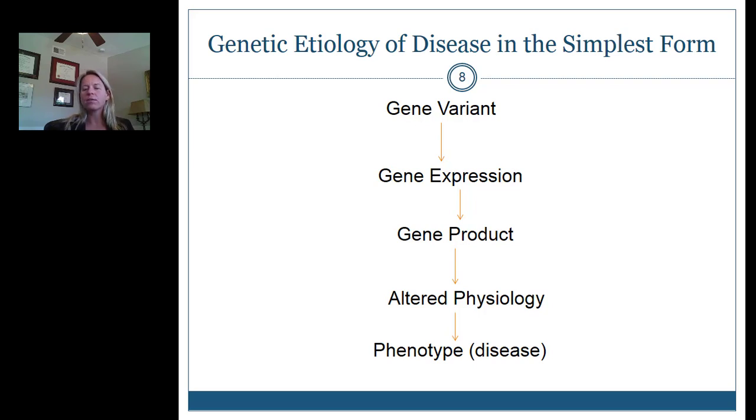But nevertheless, we first begin with some genetic variant or variation in the gene, which leads to an expression of that gene, and then that expression confers some particular product, be it a protein or something else, and then that leads to some alteration in the physiology for that characteristic, which then presents in the physical manifestation, or the phenotype.